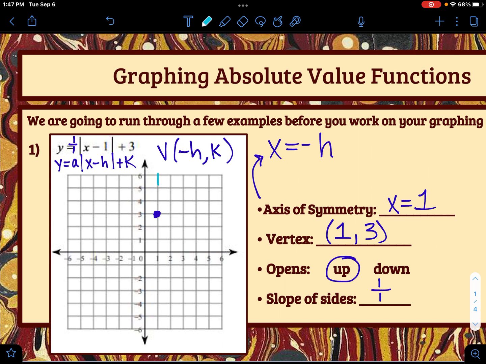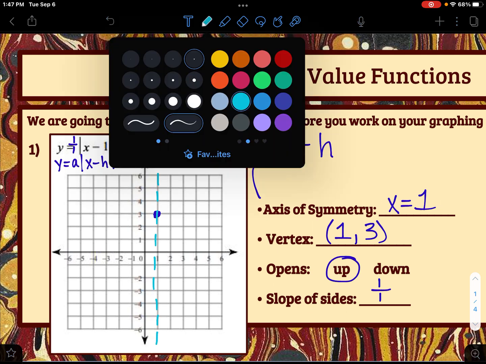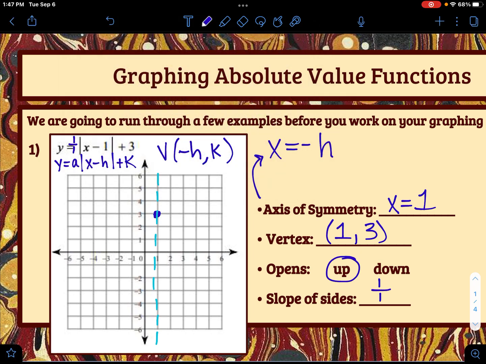We'll do a different blue. So I'm going to draw in my axis of symmetry. Remember, it's the vertical line that goes right through the vertex. And then I'm going to start back at the vertex, and I'm going to count the slope of my line. I'm going to go up 1/1, up 1/1, up 1/1.